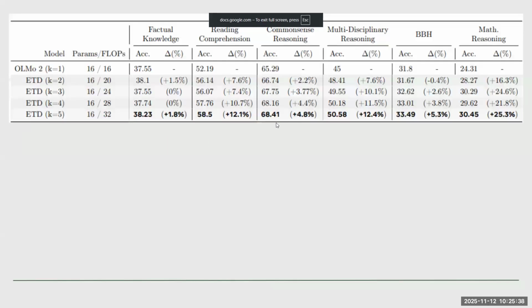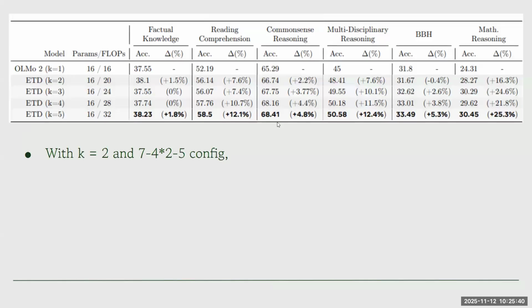One sec. We've talked about this. If we take a snapshot at 2 iterations with these configurations, we observe the biggest increase in math reasoning, then common sense reasoning, multidisciplinary reasoning, but quite okay-ish performance on factual knowledge.